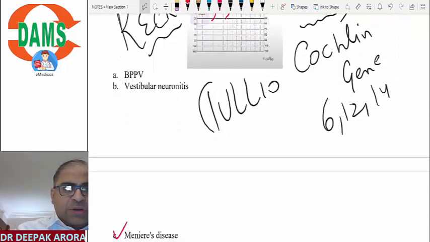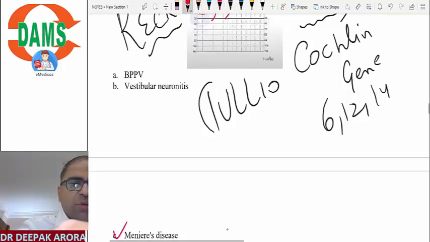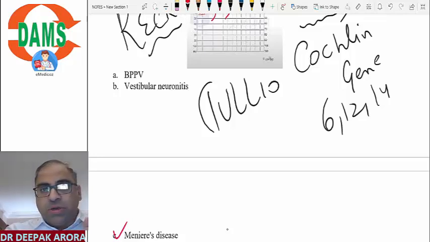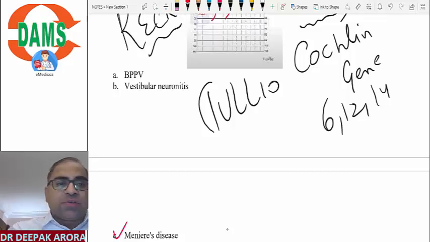Then again expect one MCQ on BPV. What is benign paroxysmal positional vertigo? This is benign, very mild vertigo of a few seconds in a position. No hearing loss, beta. Every student listening to me, just remember this point: BPV, there is no hearing loss. Posterior canal is commonly involved. Investigation of choice is Hallpike maneuver. Treatment is Epley maneuver.